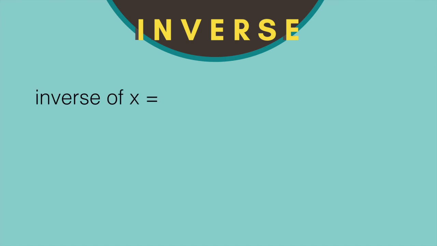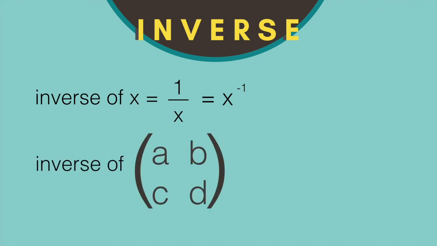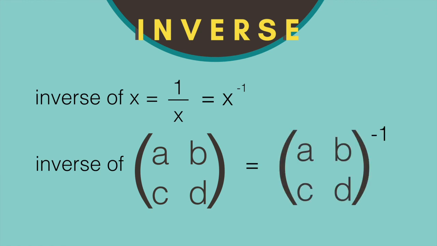Now inverse. Inverse means opposite or contrary in position, direction, order, or effect. A practical example. The inverse of x equals to 1 over x, which is also equal to x to the power of negative 1. Now, the inverse of a matrix is also the matrix to the power of negative 1.